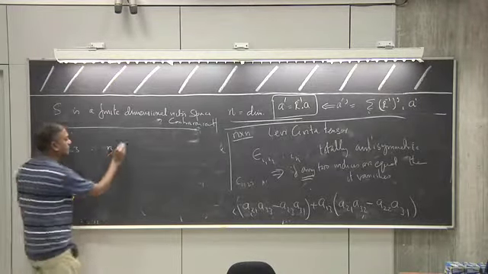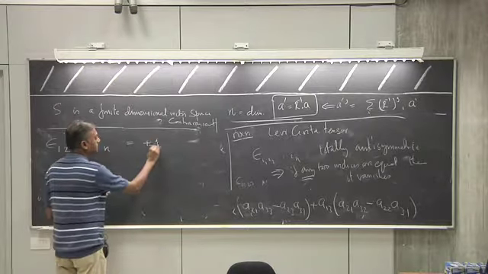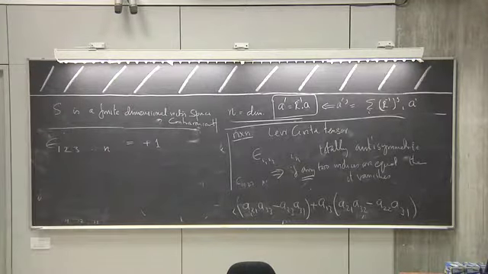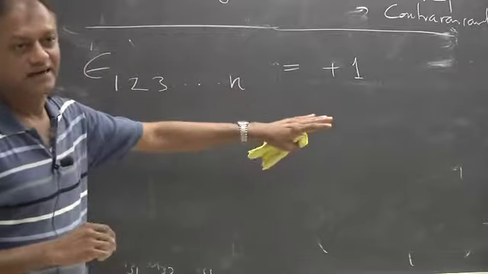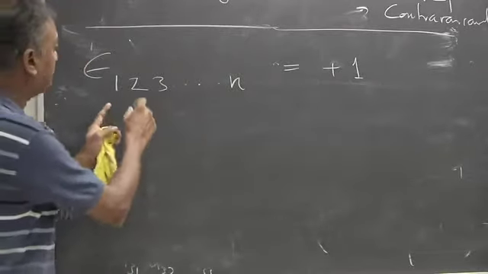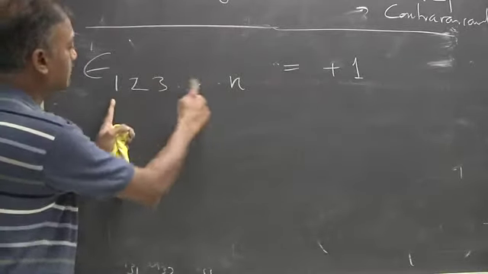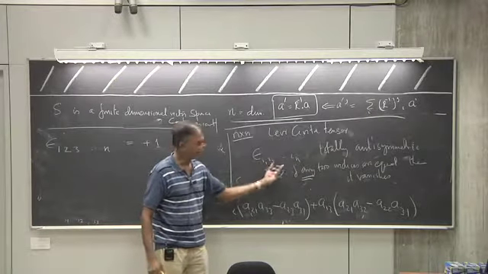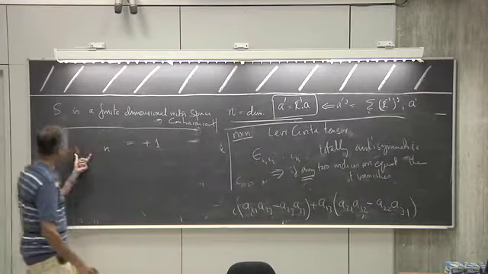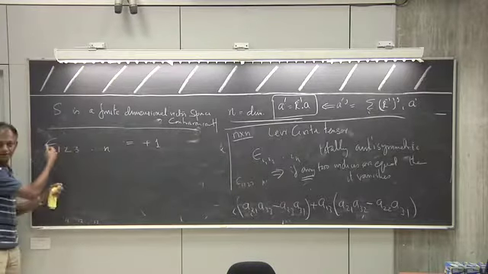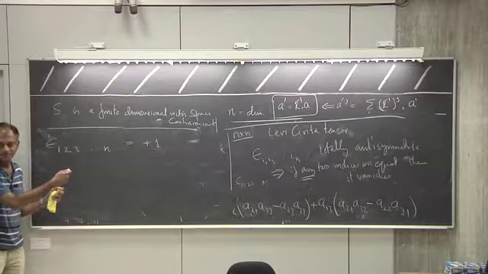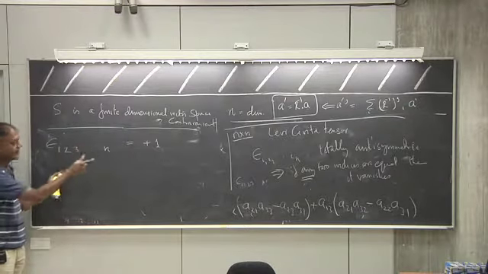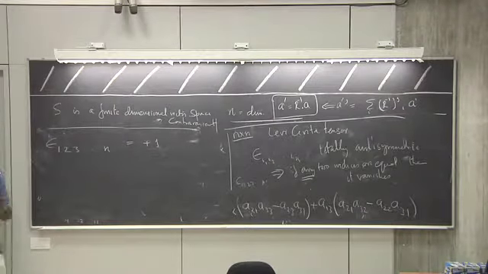Well, let's choose a convention that this is plus 1. Then this uniquely fixes everything, right? Because after all, every number has to appear somewhere here. So I can always obtain it starting from here by permuting a suitable number of times, right? If you arrive at it by an even number of permutations, it remains plus.